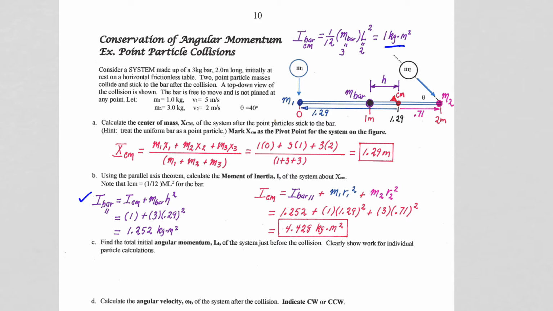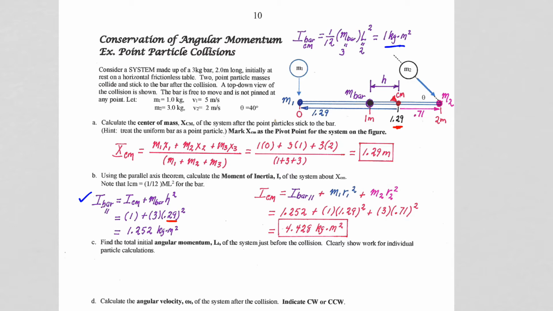We're going to use the parallel axis theorem because the new center of mass over here, right, at 1.29 has an h in our parallel axis theorem, right? I parallel equals I center of mass plus mh squared.